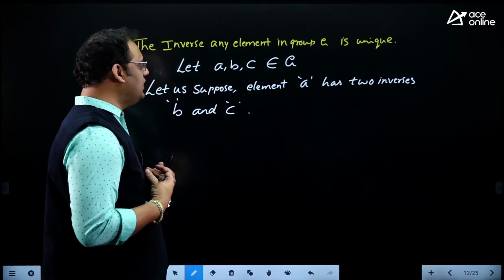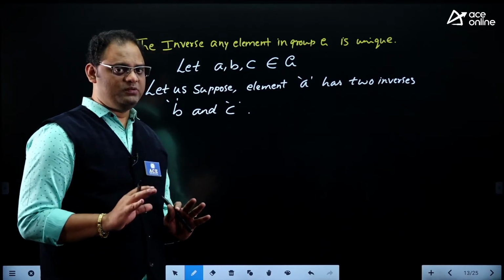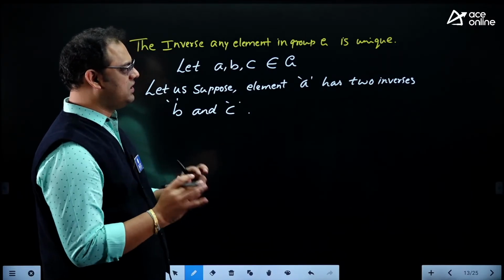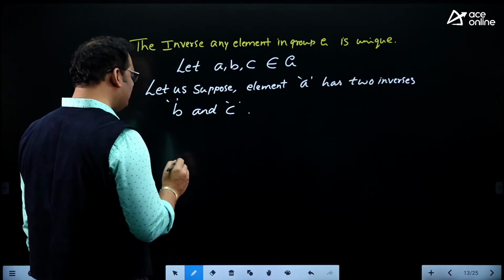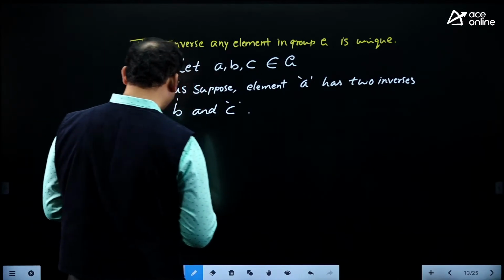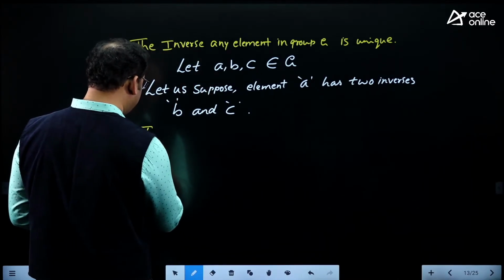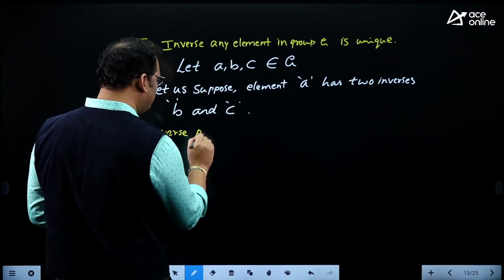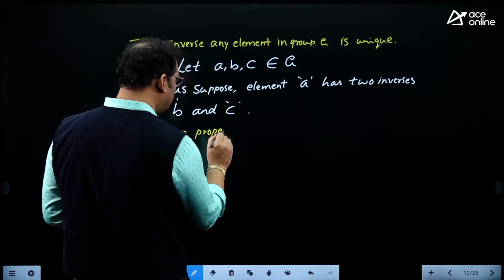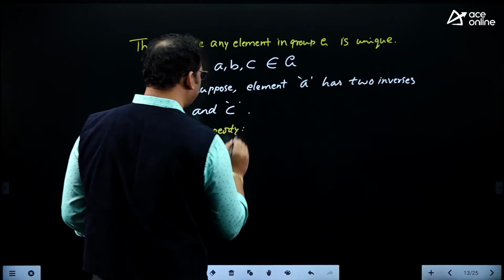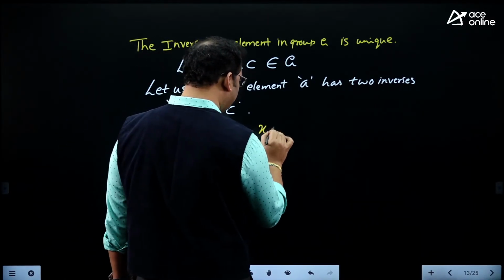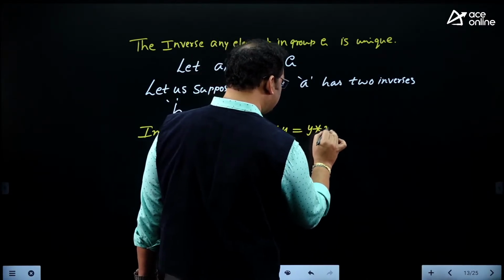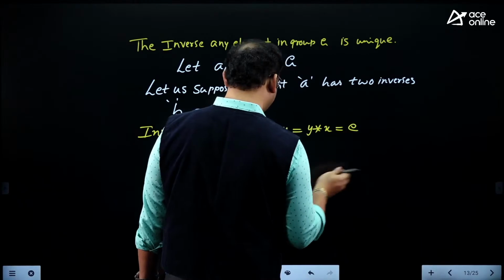But I am supposing that there are two elements for the inverse of A: B is one inverse and C is another inverse. According to the inverse property, as we know, x star y is equal to y star x is equal to identity.